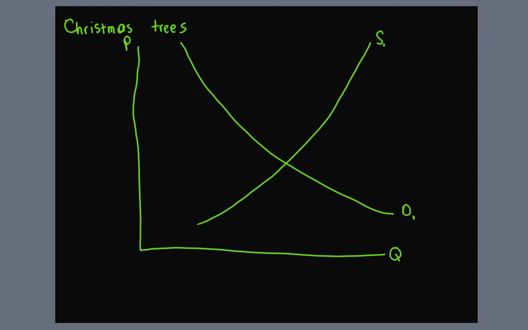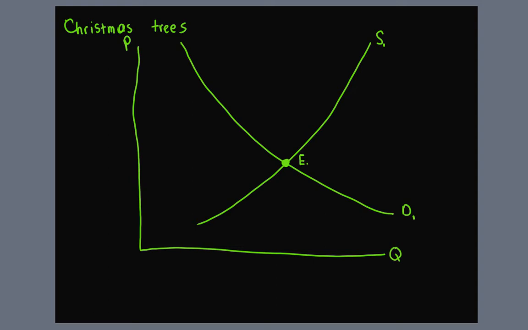I am going to assume that we begin at this point here, the intersection of the supply and the demand curves. And this place where the quantity supplied equals the quantity demanded, when supply intersects with demand, is equilibrium. I can tell generally what my quantity demanded is by coming down to the horizontal axis.